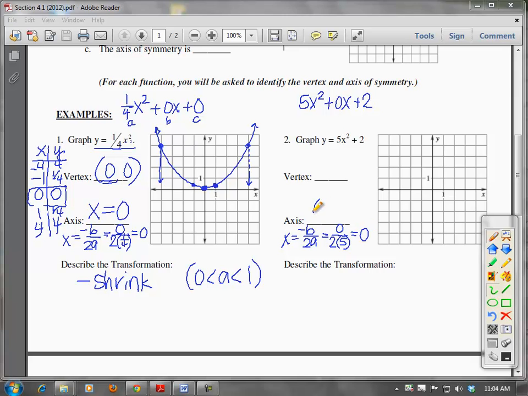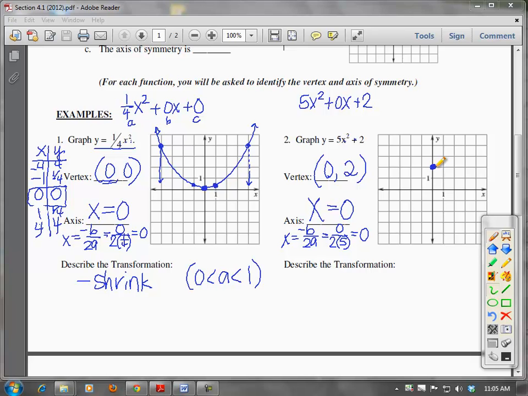So my axis of symmetry is x equals 0. And my vertex occurs at the point 0 something. In order to figure out the y value, I plug 0 into my function. 0 squared is 0, times 5 is 0, plus 2 is 2. So I'll go up to (0, 2), and I have my vertex.